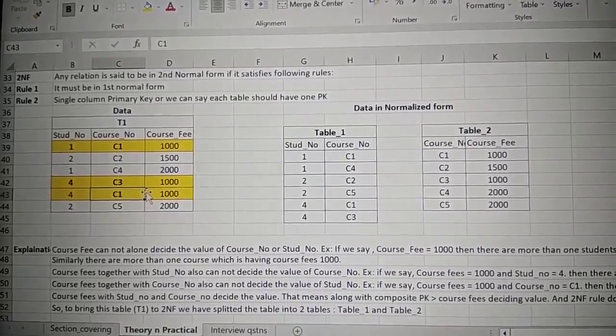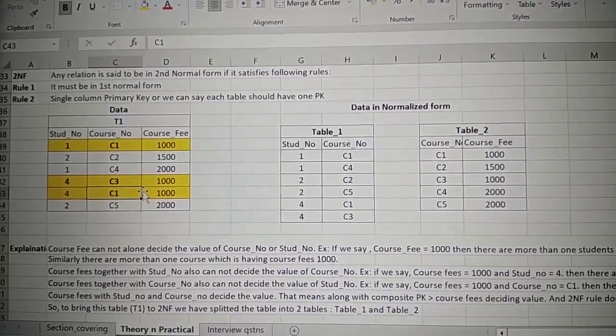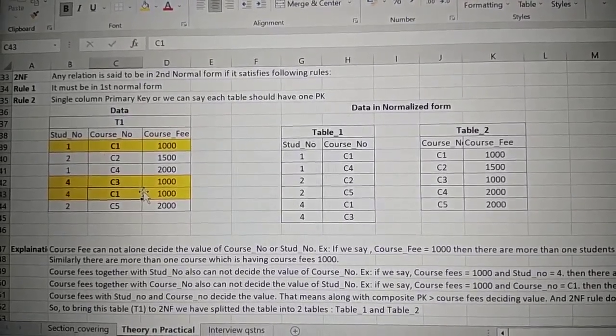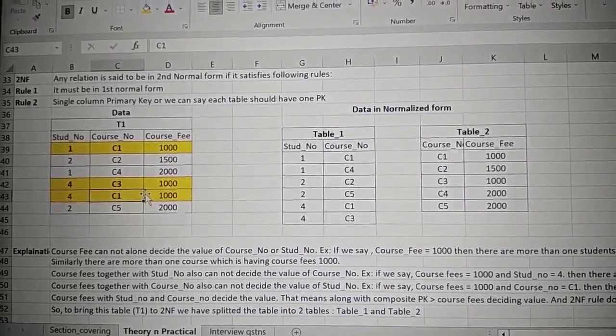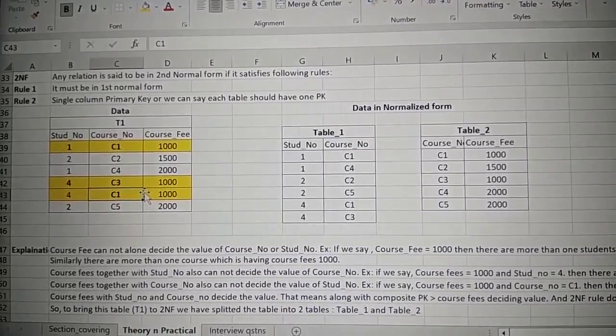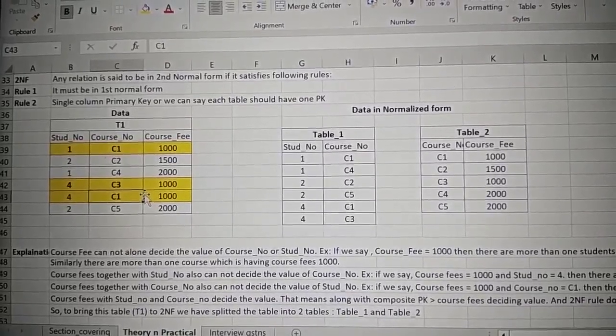Course fee along with student number also cannot decide the value of course number. For example, if we say course fee 1000 and student number 4, then we have more than one course, C1 and C3. Similarly, course fee together with course number also cannot decide the value of student number.